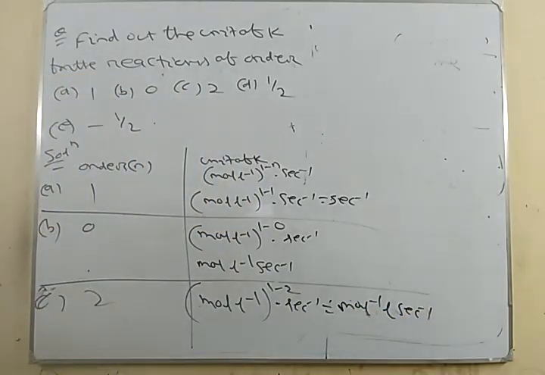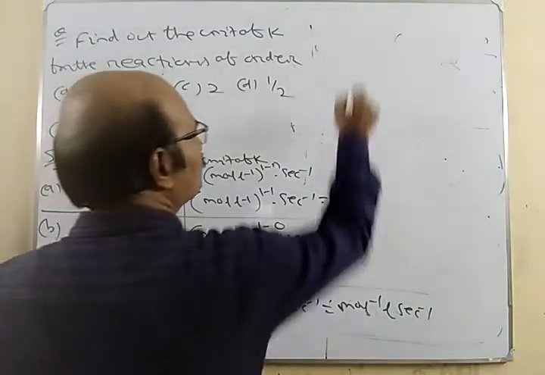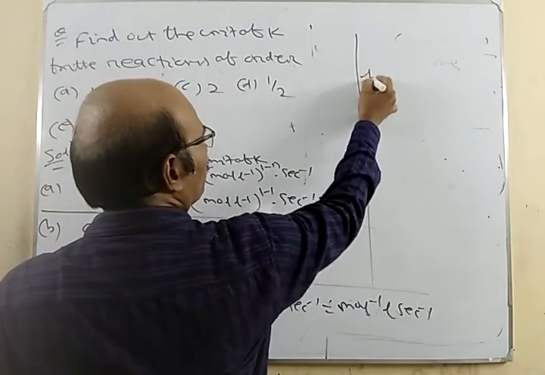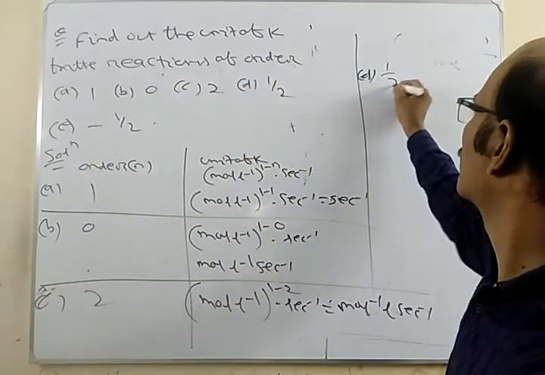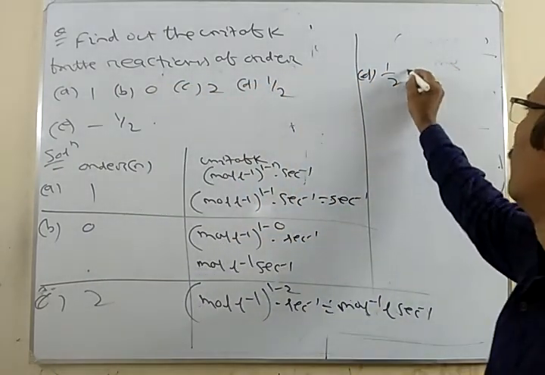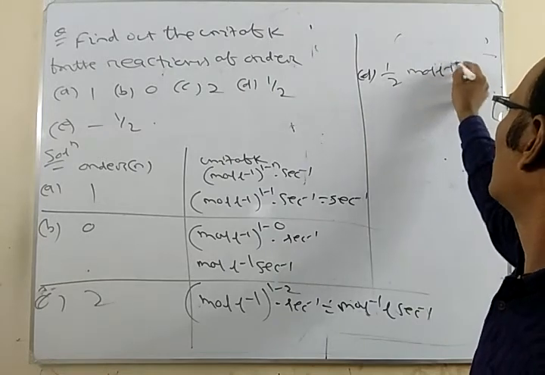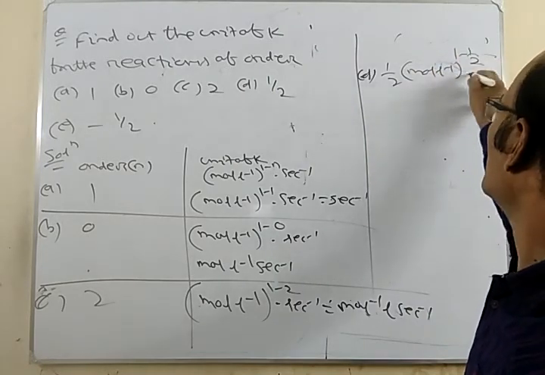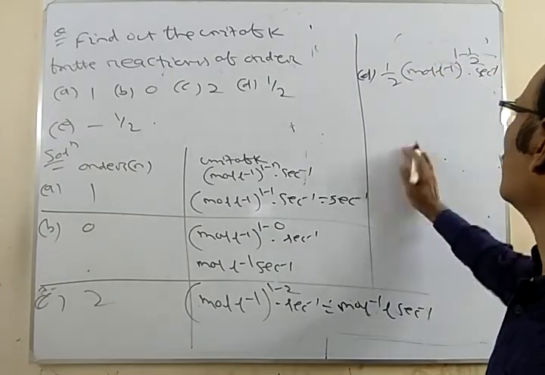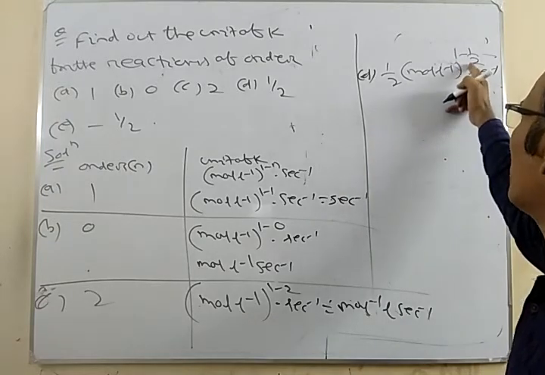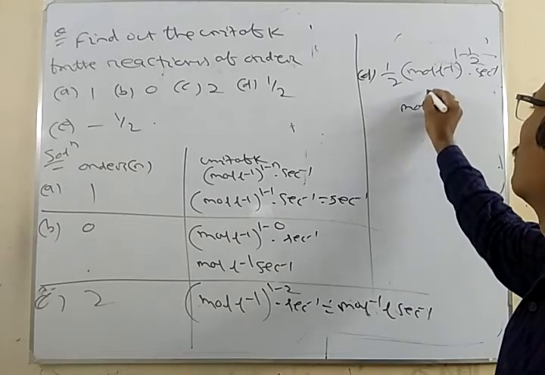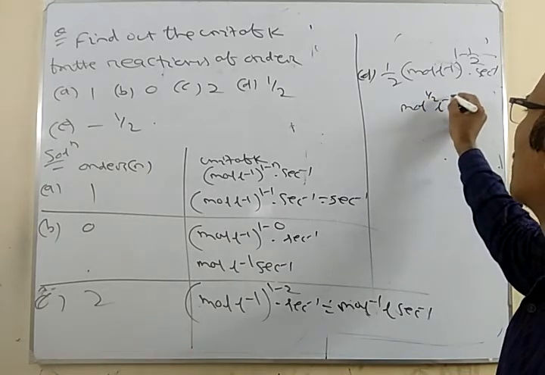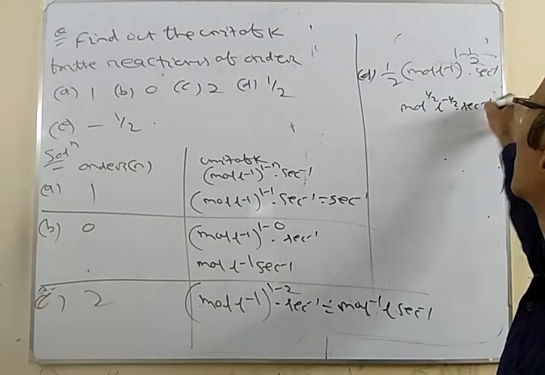Similarly for D, order 1 by 2: mole liter inverse power 1 minus 1 by 2, second inverse. 1 minus 1 by 2 is 1 by 2. So mole power 1 by 2, liter power minus 1 by 2, into second inverse.